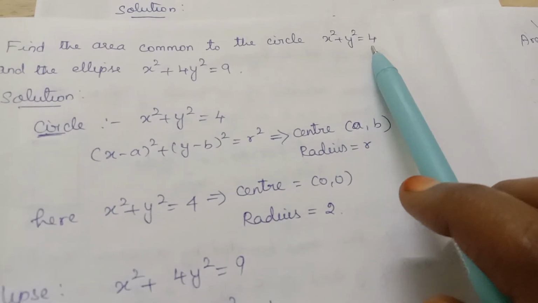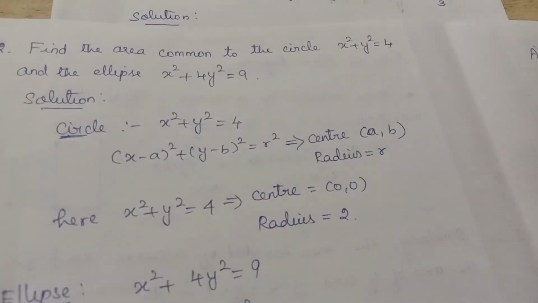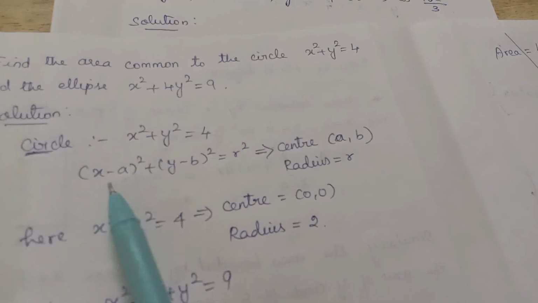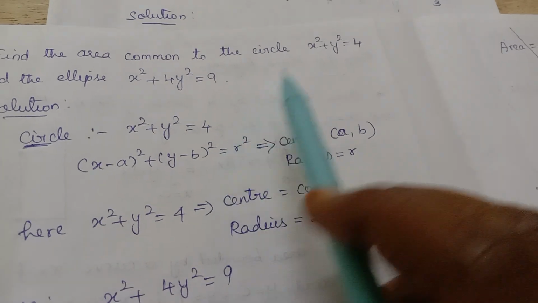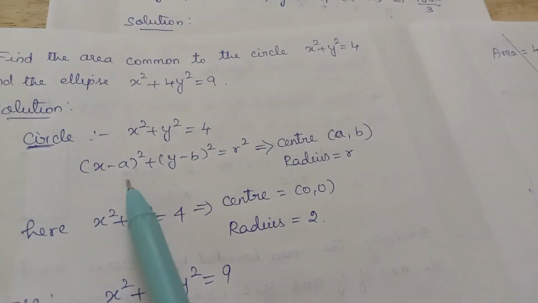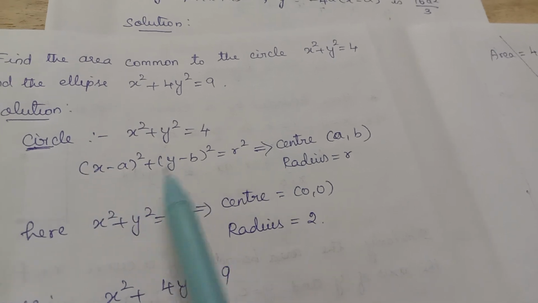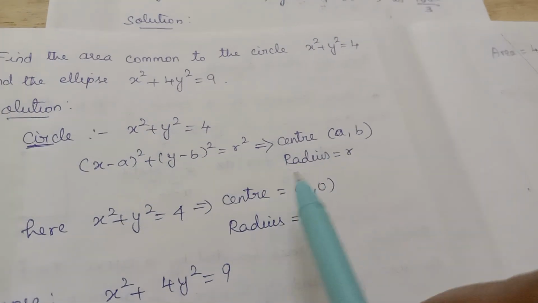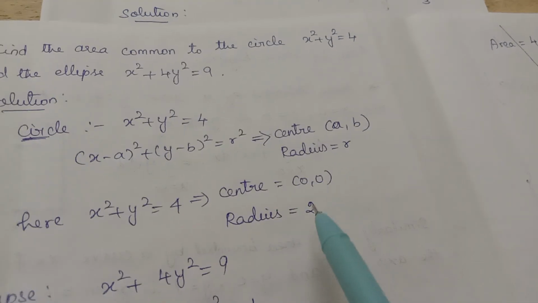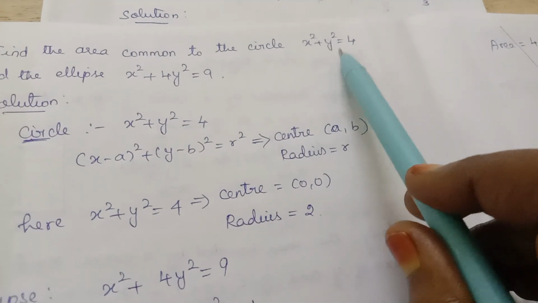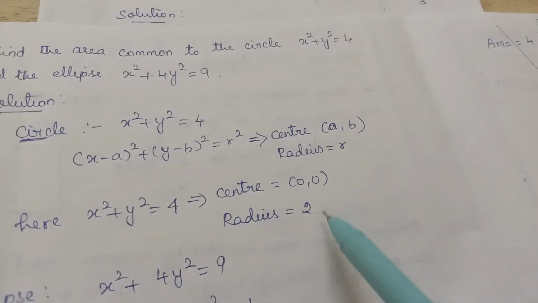So all these conditions are satisfied. So this is a circle equation, and the general form of a circle equation is x minus a the whole square plus y minus b the whole square equal to r square. So if you compare this with this equation, the center is a comma b. So here the center is 0 comma 0, and r square equal to 4, so radius equal to 2. So this is a circle with center at origin and radius equal to 2 units.